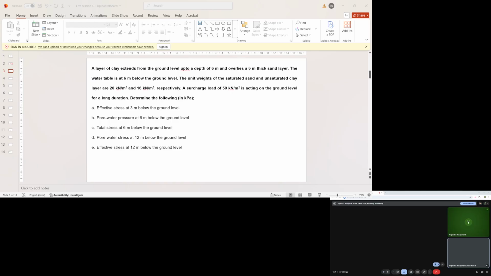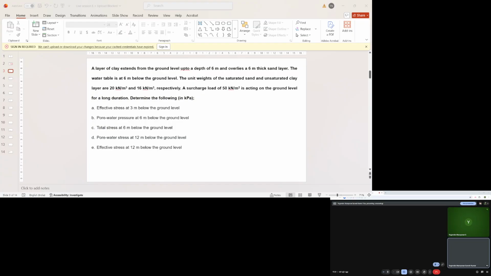Pore water pressure is going to be 60 kPa, and the effective stress is going to be 266 minus 60, which is 206 kPa.